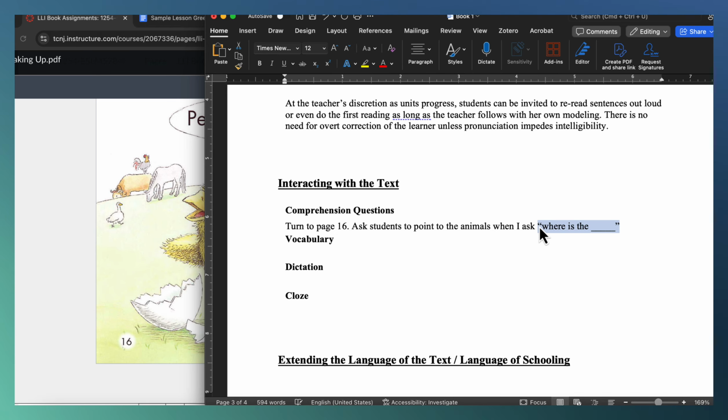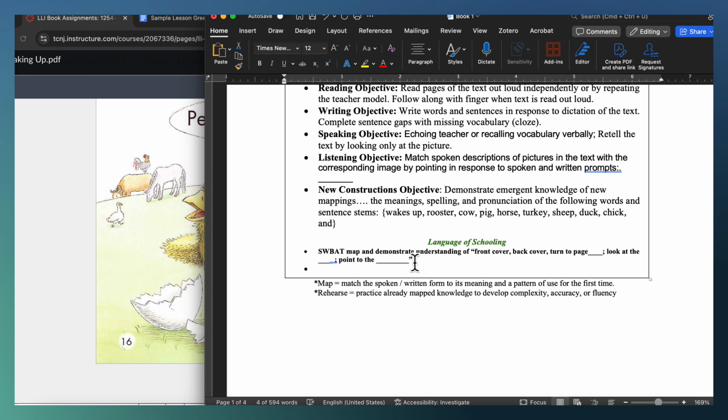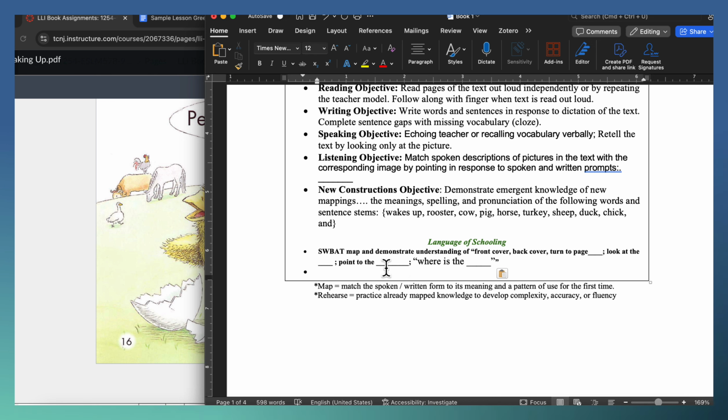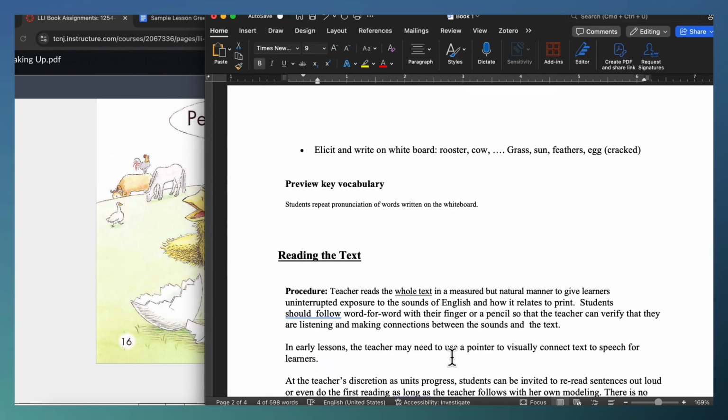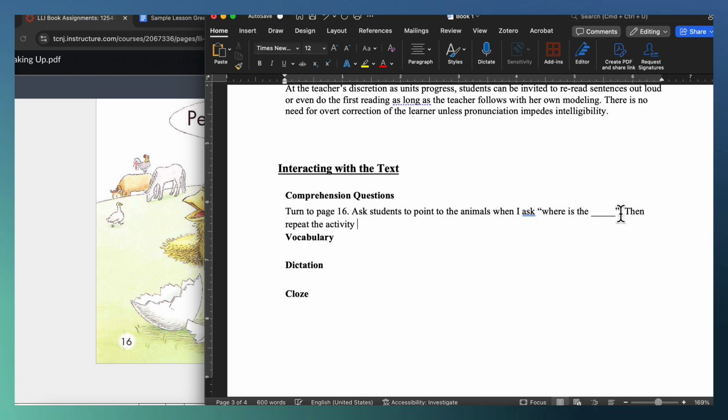So in fact, this is another piece of teacher talk that I realized that if I'm going to be asking it, I need to include it. And I think it's important to acknowledge that it's hard to stick to a single formula like where is the or point to the. So what I might end up doing is repeat the activity and say point to the.